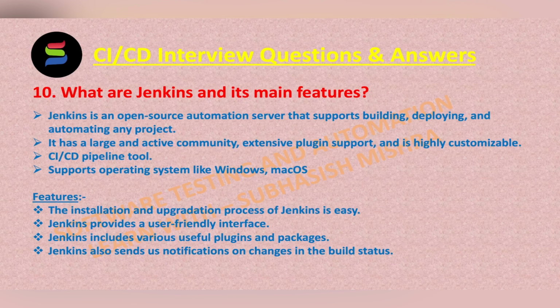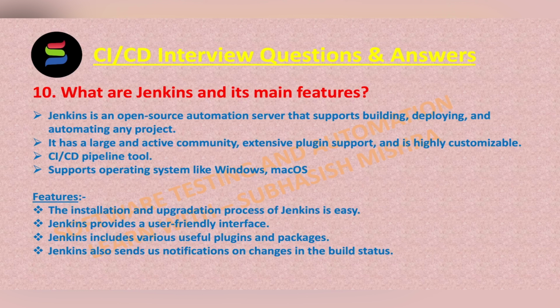Jenkins is a CI/CD pipeline tool. It can be used in almost every operating system like Windows, Mac OS and so on. It includes various plugins and packages that allow building, deploying and automating projects.